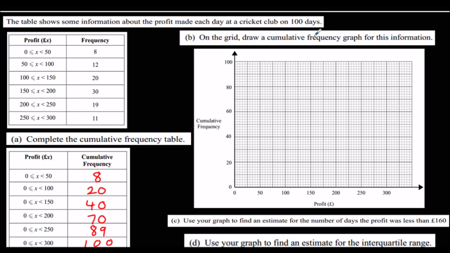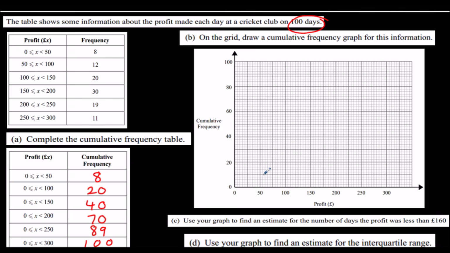So again, we've got 100 days. Draw the cumulative frequency graph. So again, plot the top point against cumulative frequency. Don't plot the midpoint, because it's everything up to 50, everything up to 100.